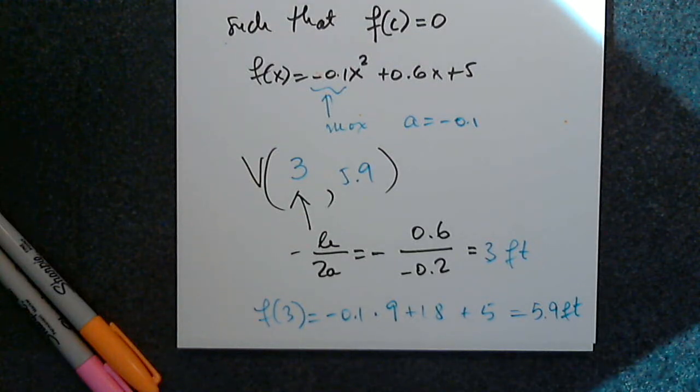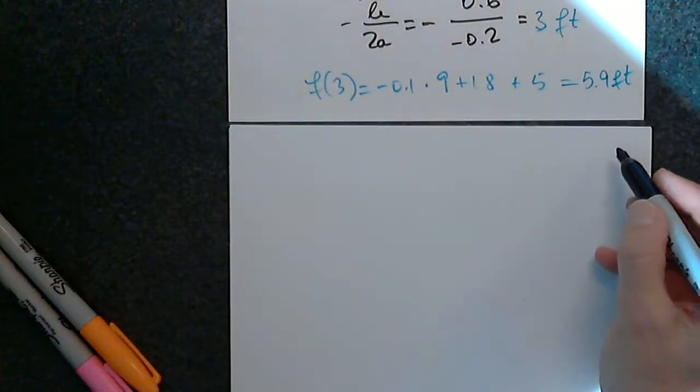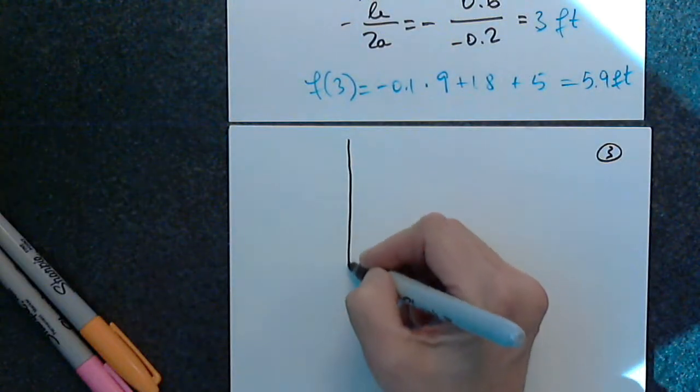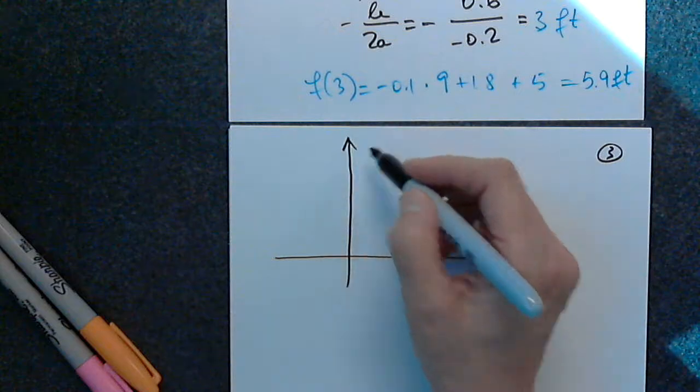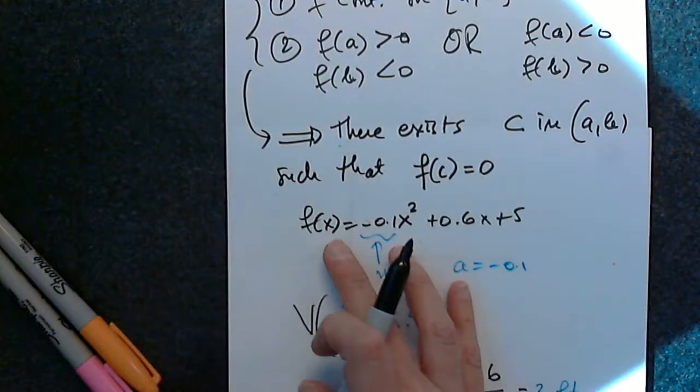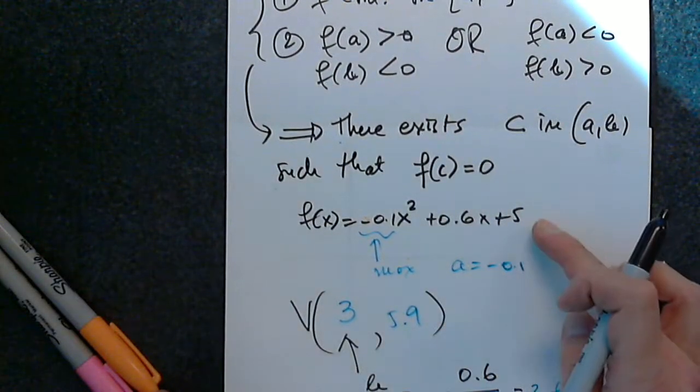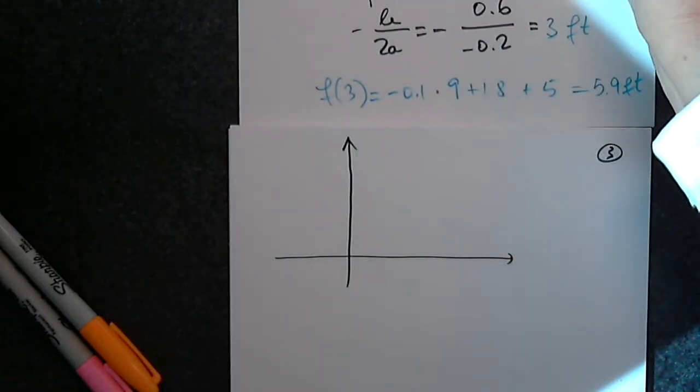So we determine the vertex, which tells us what? That the maximum height is 5.9. Yes, so we can already start graphing this function. We know that when x is 0, which is the y-intercept, y is 5.